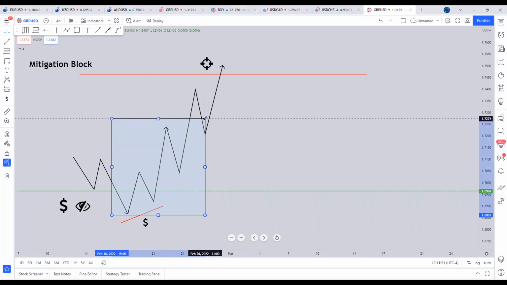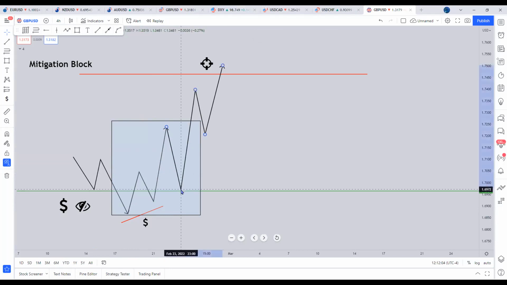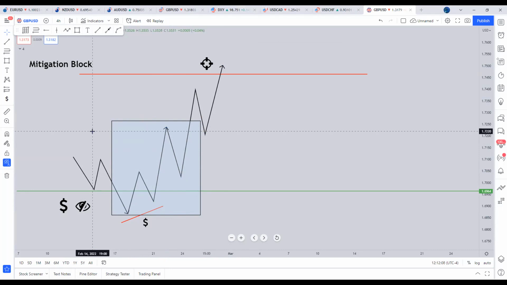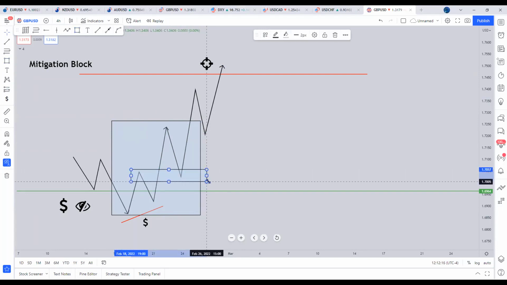Your important entry point is going to be the tip right here, the point that started the mitigation. Sometimes in these cases, price likes to test a little bit lower, especially on lower time frames, because remember, this whole study is meant for lower time frames, not for higher ones. So this right here is going to be your point of interest.